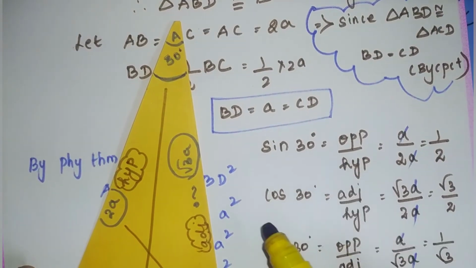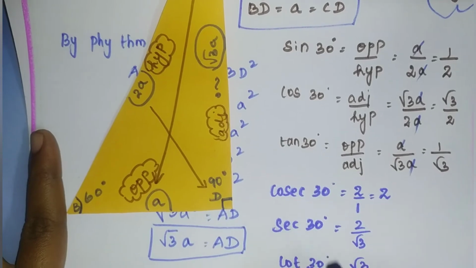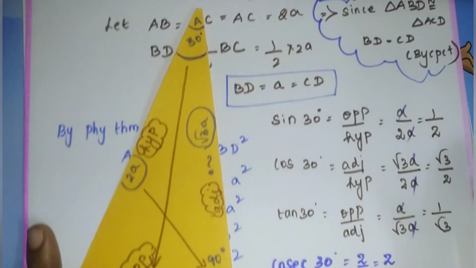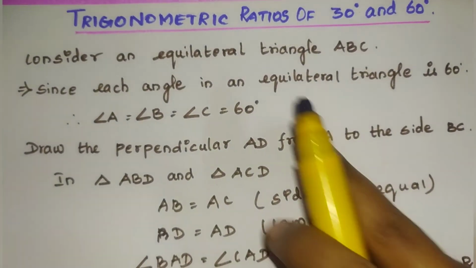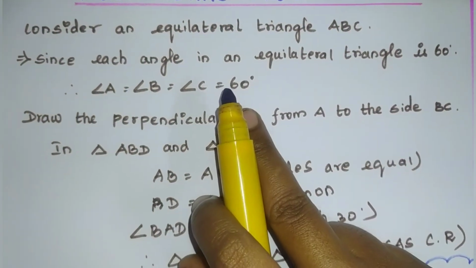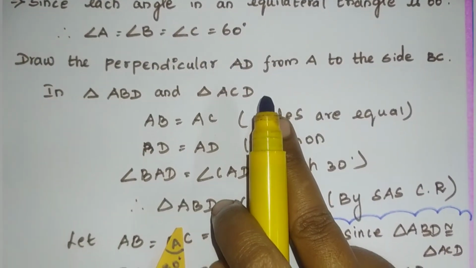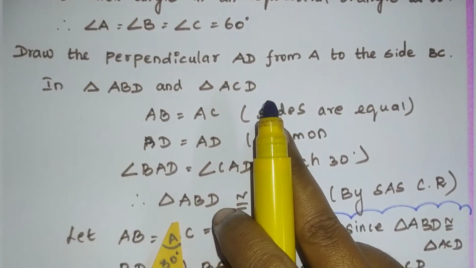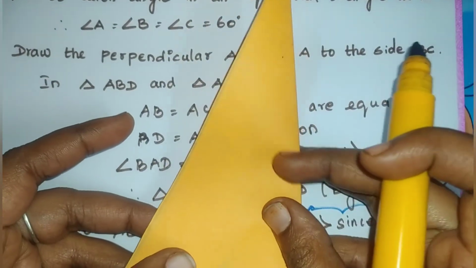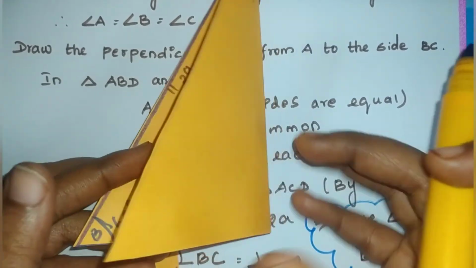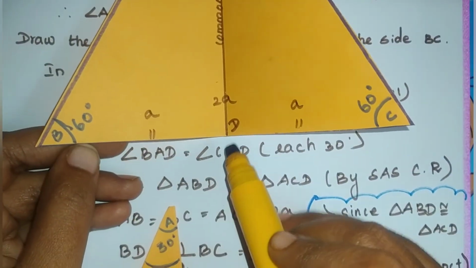Sine 30 degree, cos 30 degree, tan 30 degree, cosecant 30 degree, secant 30 degree, cot 30 degree. For that, what we have to do? We have to consider an equilateral triangle ABC. Since it is an equilateral triangle, all the sides will be equal, and draw a perpendicular line. Then we divide the equilateral triangle into two congruent triangles. Since they are congruent, it divides at the midpoint.